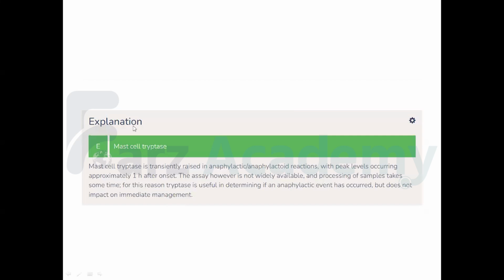The correct answer is tryptase. Mast cell tryptase is transiently raised in anaphylactoid reaction, with peak levels occurring approximately 1 hour after onset. The assay, however, is not widely available and processing of samples takes some time. For this reason, tryptase is useful in determining if an anaphylactic event has occurred, but does not impact immediate management.